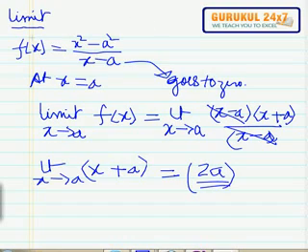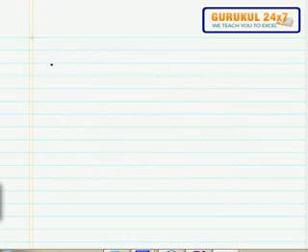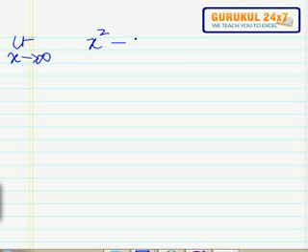Same way, let us try another type of problem. Let's say we have limit x approaches infinity of x squared minus 1 over x cubed minus x squared plus 1.